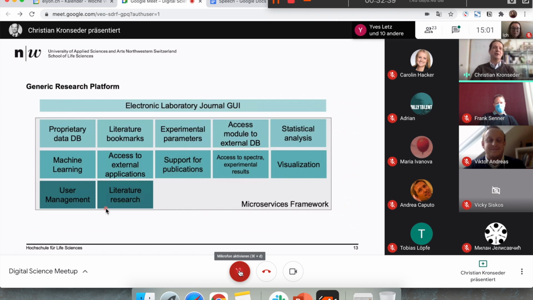But if you look at how I think this could look like, we have an electronic laboratory journal, which we're going to call Origami Lab, which contains its own database where you can have literature bookmarks, where you can store your experimental parameters, where you can draw data from other external databases, where you could do analysis, visualize, support for publications, do literature research, have a user management tool so that you can manage teams, and do all the other things that you can ever think of. And I left space here deliberately because we can add almost anything we can think of what we would want to do. Maybe a voice recognition system as well.